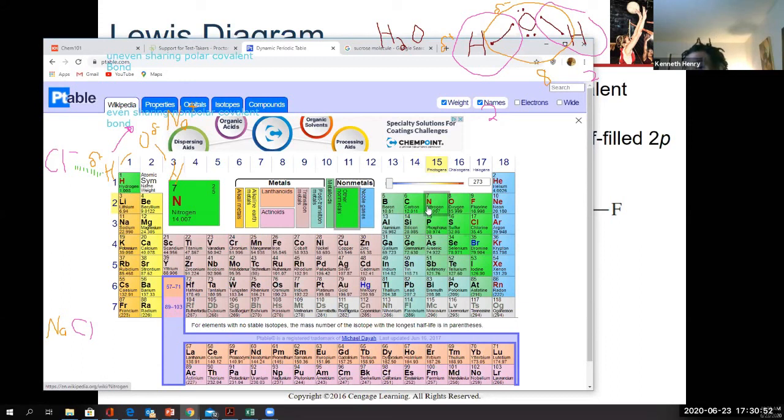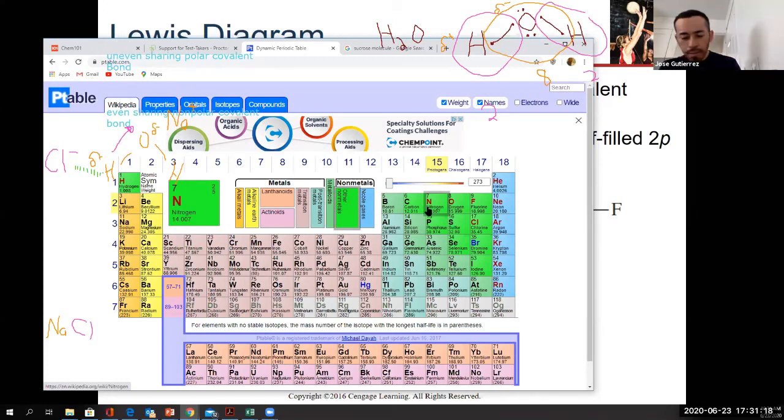You guys get that? Two nonmetals. So I'll give you an example, and you tell me if you understand. Phosphorus and chlorine. Are they going to form a covalent bond or an ionic bond?